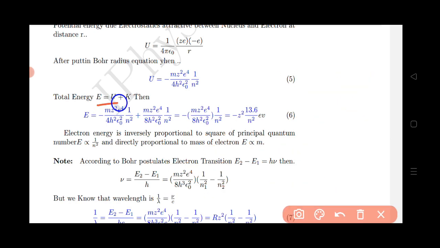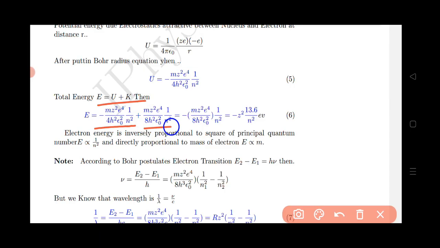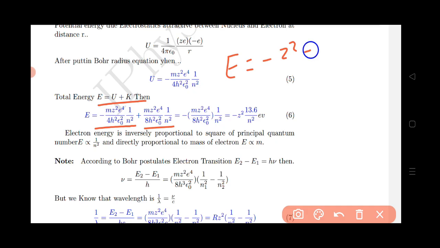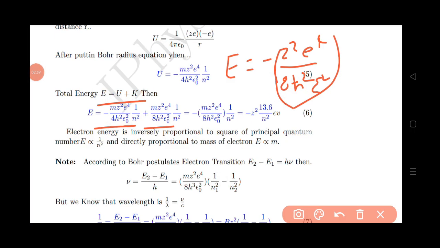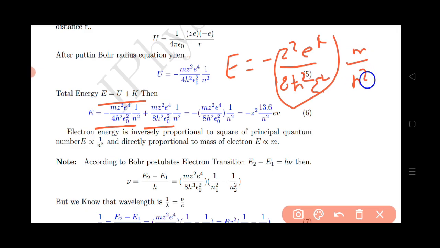Total energy E equal to U plus K. Here this is the value of U and this is the value of K. We get total energy E equal to minus Z square e power 4 upon 8 h square epsilon naught square into m by n square.